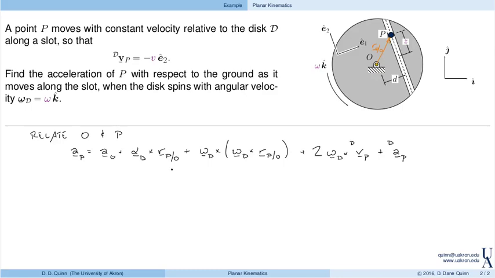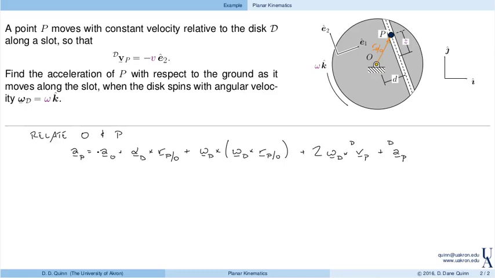So really, this problem is just about going through and identifying what these individual terms are, and then using this relationship to relate the kinematics of the point P with respect to the disk, to find the acceleration of P with respect to the ground.